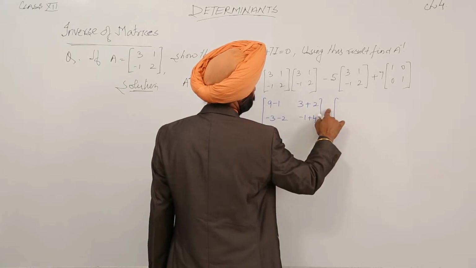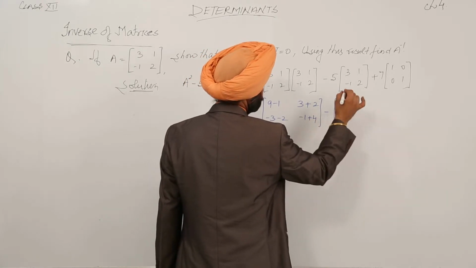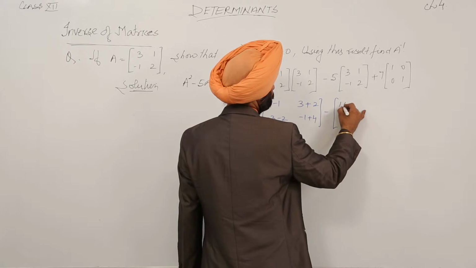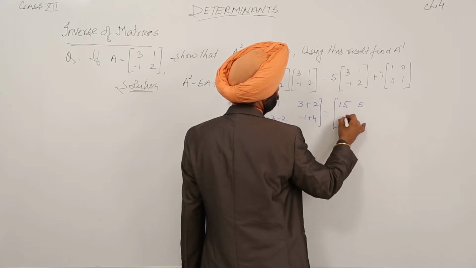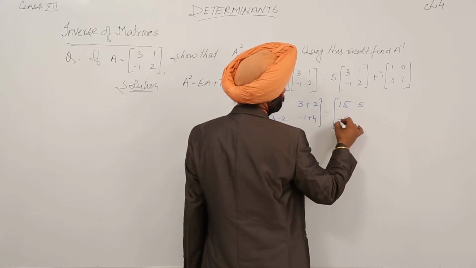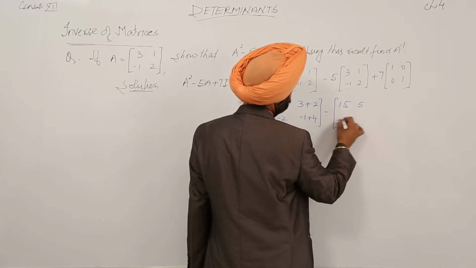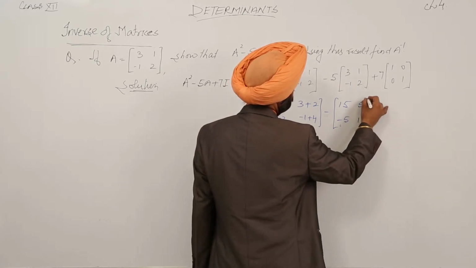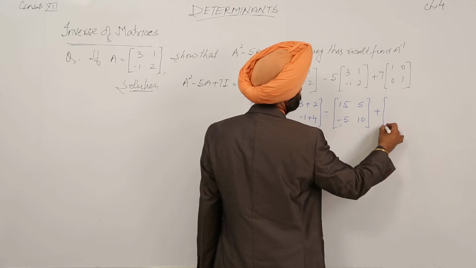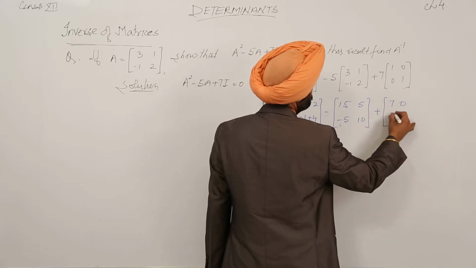This is minus 5 times A, which gives 15, 5, minus 5 and 10, plus 7 times the identity, which is 7, 0, 0, 7.